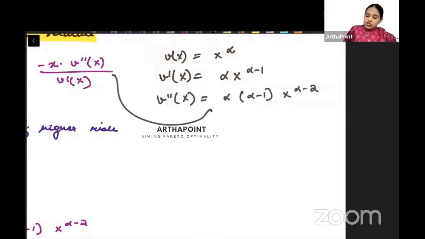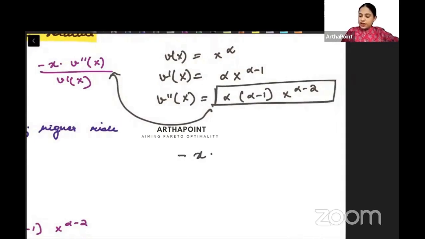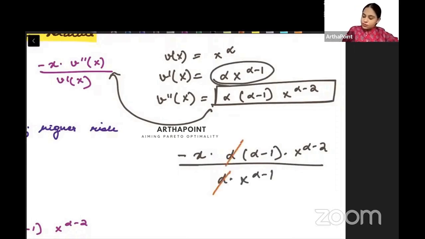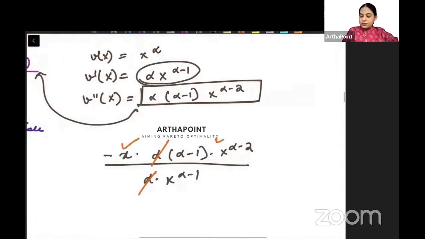Right? If I put all these values here, I will get minus x, v double dash x का ये value आएगा, alpha, alpha minus 1, x to the power alpha minus 2 upon v dash x का value will be alpha, x to the power alpha minus 1. This will cancel out, right? When base is same, power will be added.